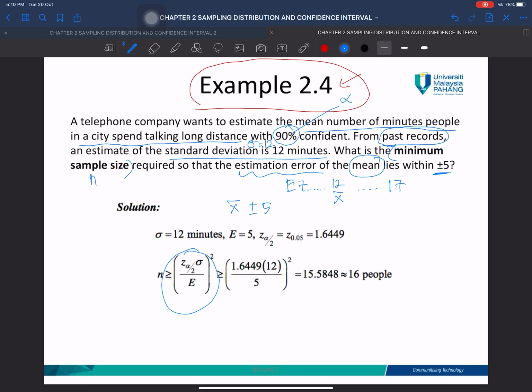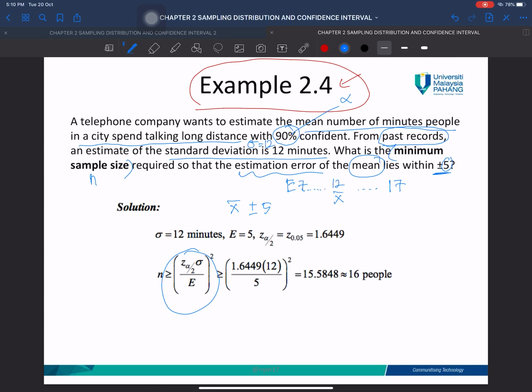So the value that we tolerate here is between 7 to 17. That's what we meant by estimation error lies within plus minus 5. Okay, so use as it is, you can use the plus or the negative, similar.